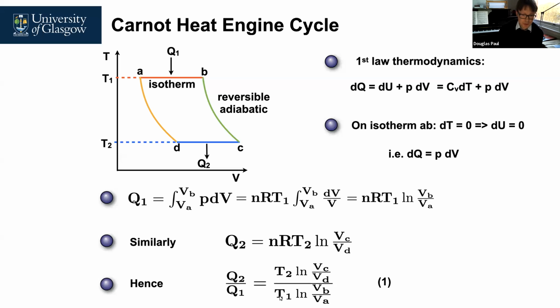You can see at least we've got T2 over T1, but we've also got the logarithm of different volumes in the system. What we're going to do in the next slide is look at how these volume parameters relate to each other, so we can rewrite Q2 over Q1 just as a ratio of temperatures and get the efficiency equation to be just temperatures.